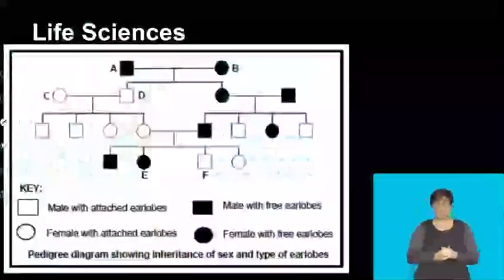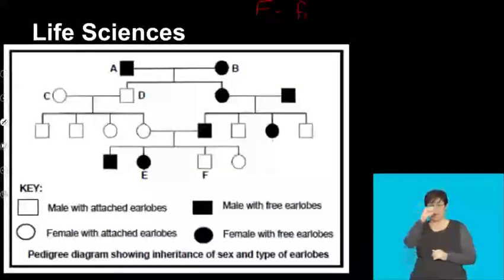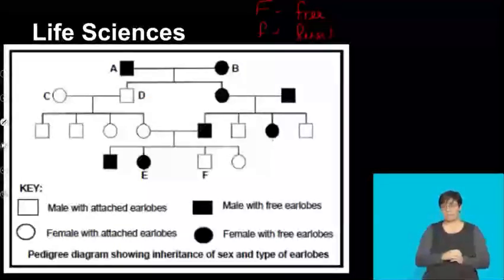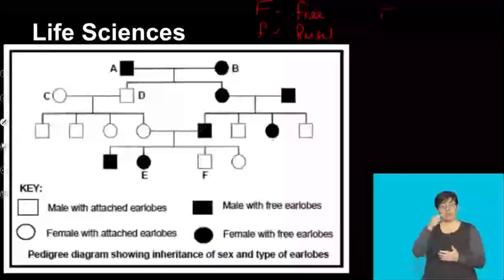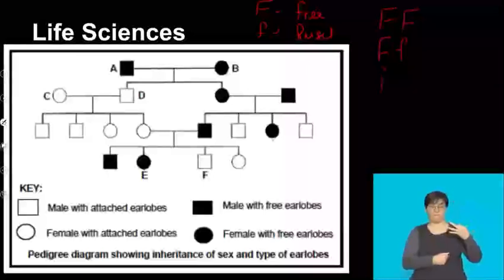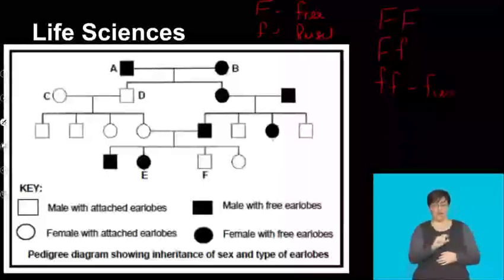So again, I want to remind us that F is free, and that's the dominant, and small f is fused, and that's the recessive trait. If we were to illustrate the possible genotypes, there are 3 possible genotypes that we always look at, and that's the only genotype for fused.